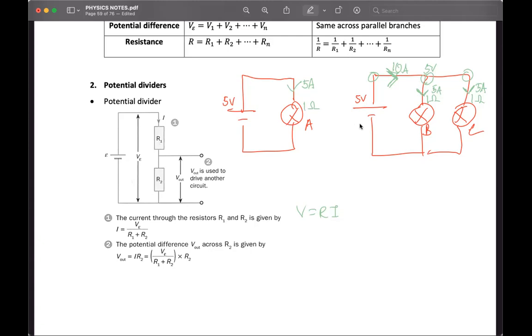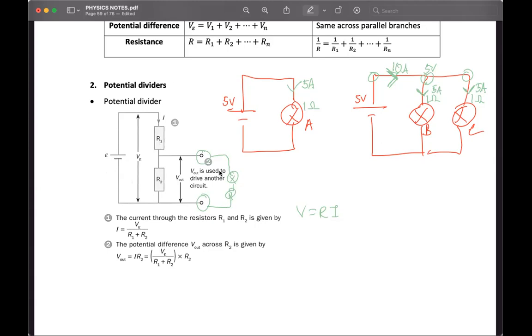Okay, now let me go back to Yiting's question. Let me read it again. For a potentiometer, if you use a V out to power another circuit, maybe I use this to power my lights. Because my light bulb cannot take 10 volt, it will actually burst.